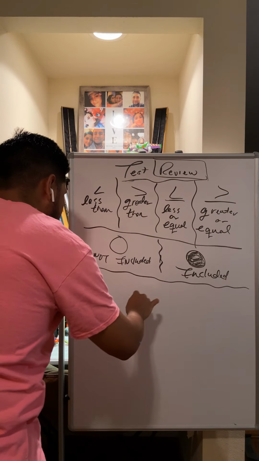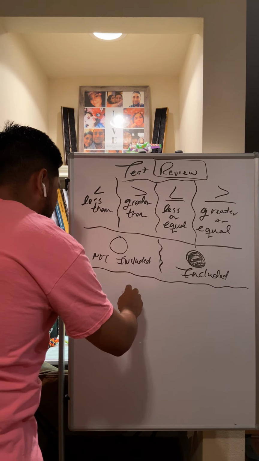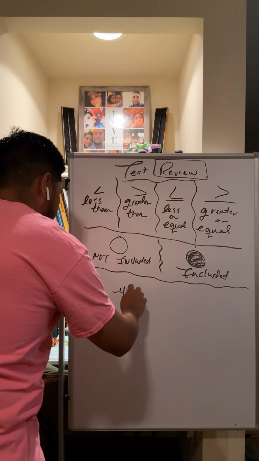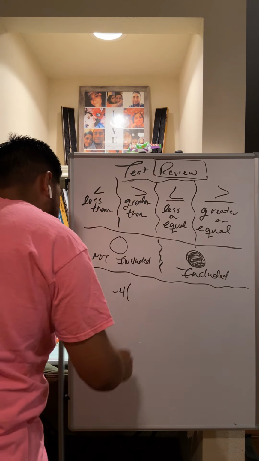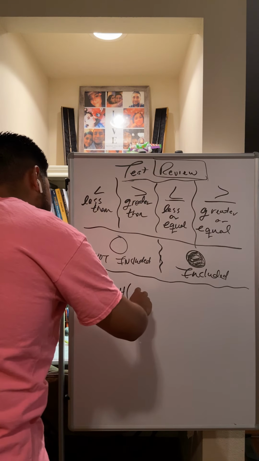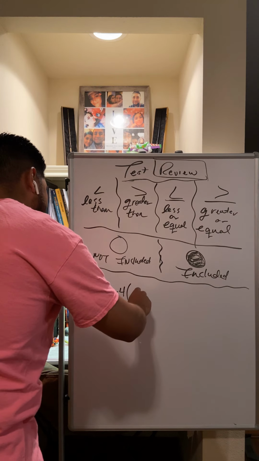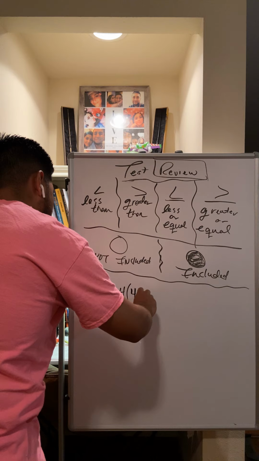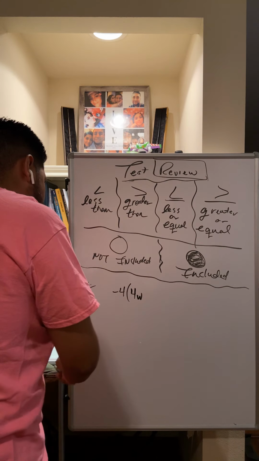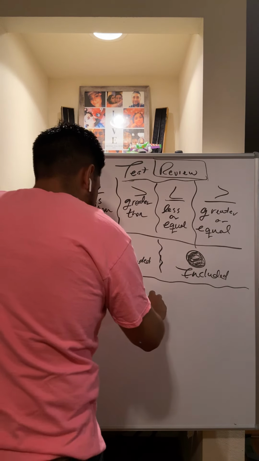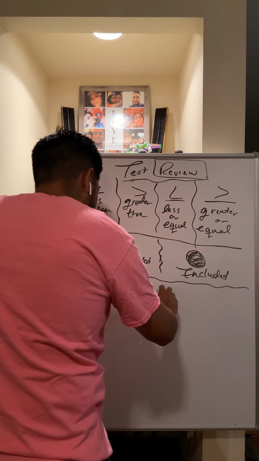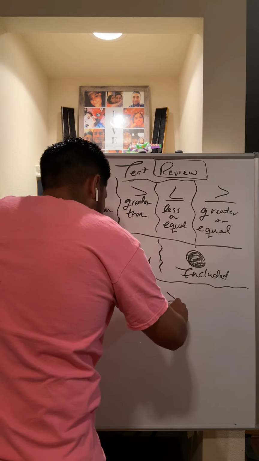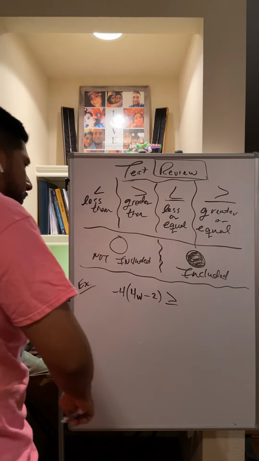I like parentheses stuff, so let's do negative 4 parentheses 4w minus 2 is greater than or equal to 10w minus 8.